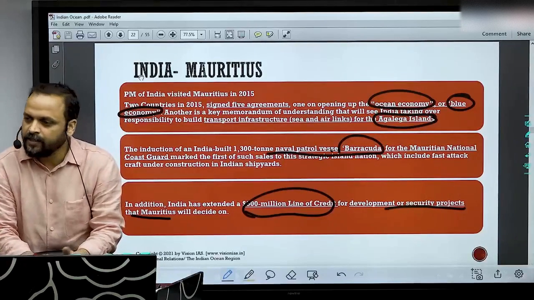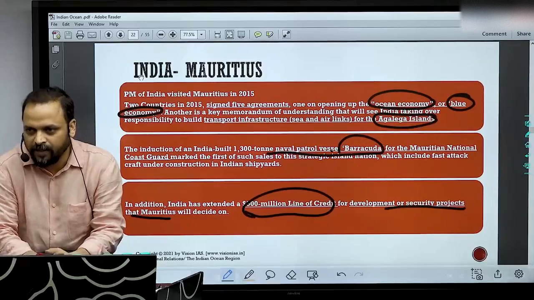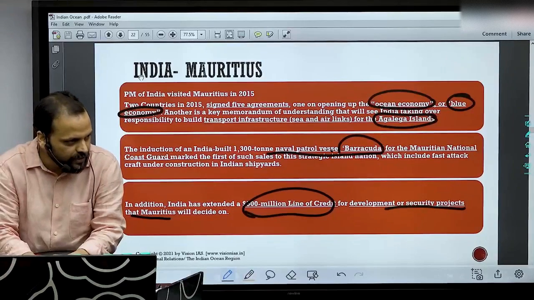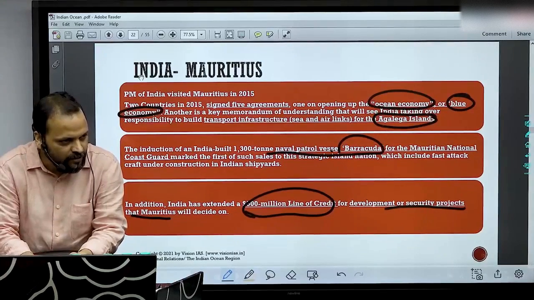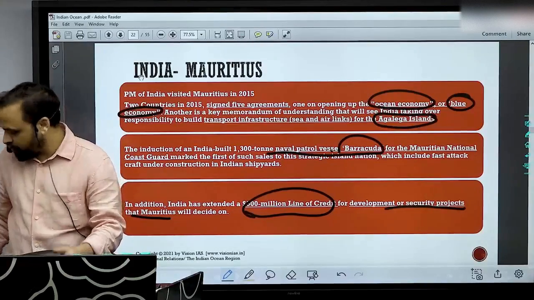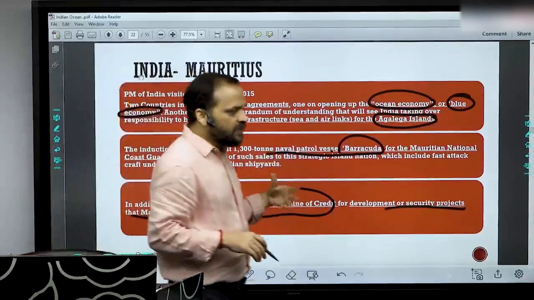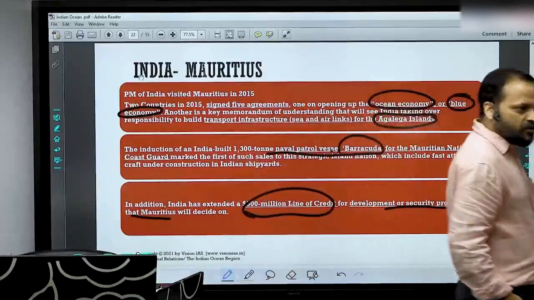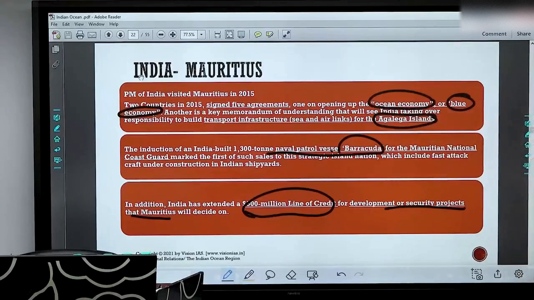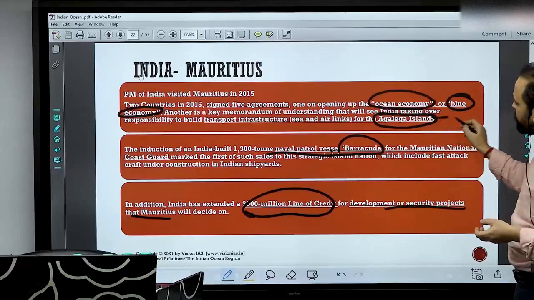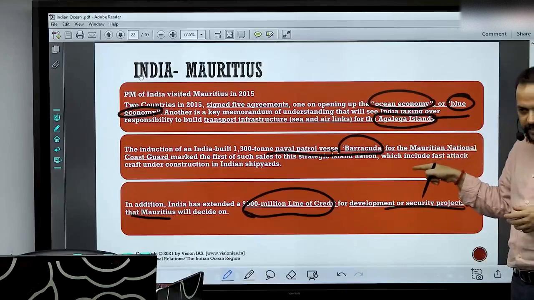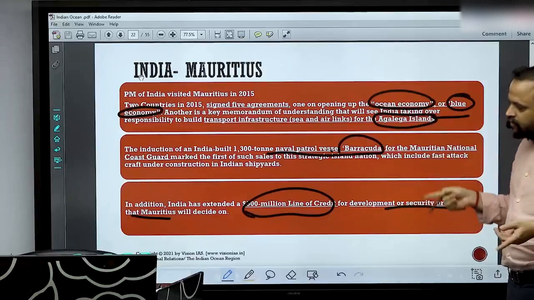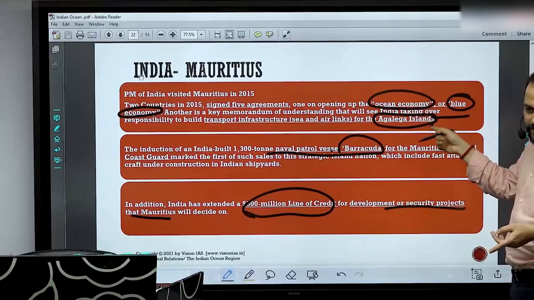This assistance is going both for economic development plus security projects. So that is what you would start noticing in any particular relationship. Either things are an example of something which is already going on, or things are important because they are locations in which India is interested. So there may be a lot of locations, but locations where India is interested becomes important.